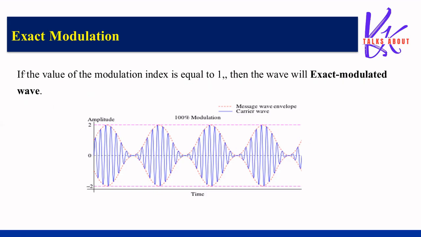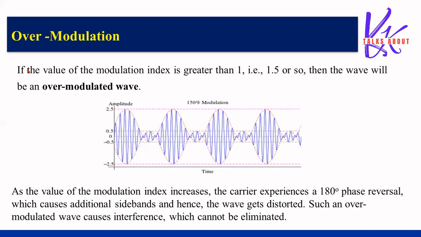Suppose the modulation index is greater than 1, how does the waveform look? When the voltage of the message signal is 3 volts and the voltage of the carrier is 2 volts, let us take the example of a modulation index of 1.5.